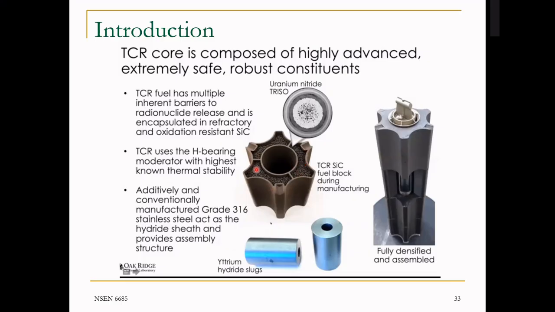Then they stack maybe 6 of these. That's a fuel pellet now. They stack like 6 of them into a big container, and that's a fuel rod. The TCR was the first concept to use additive manufacturing, a 3D printed core. So that's a 3D printed container for the fuel element itself.